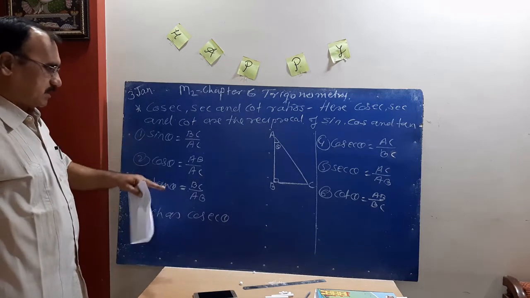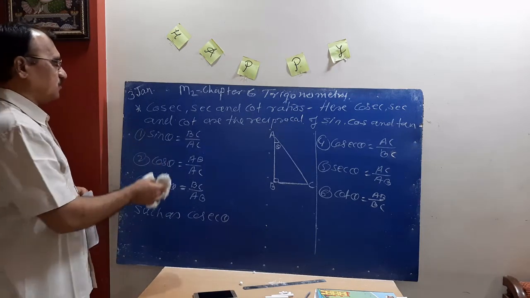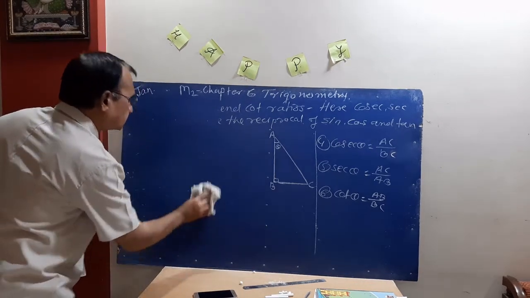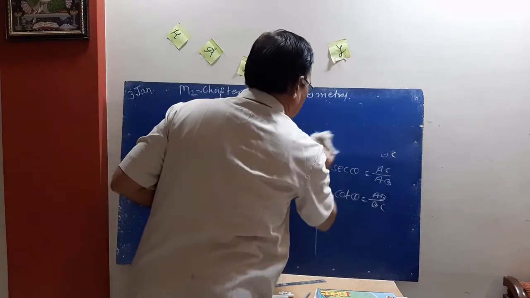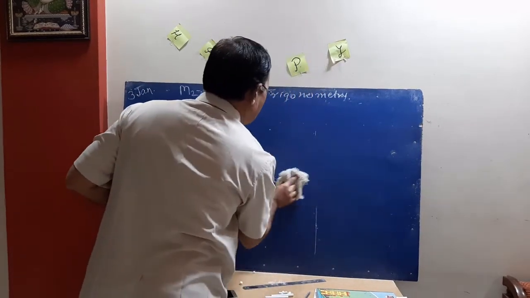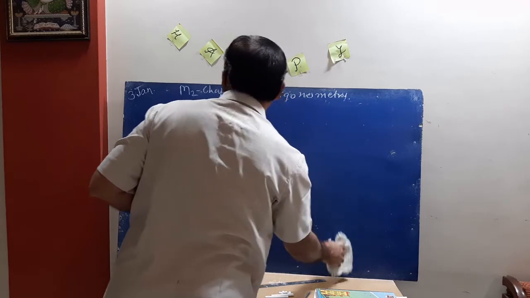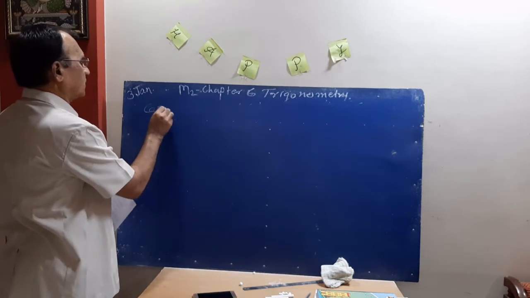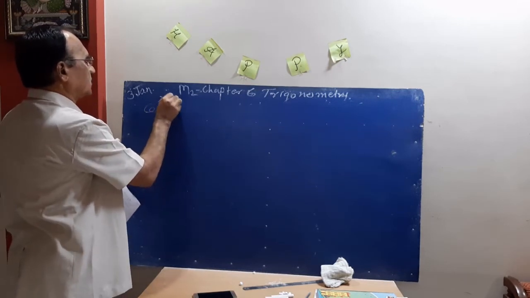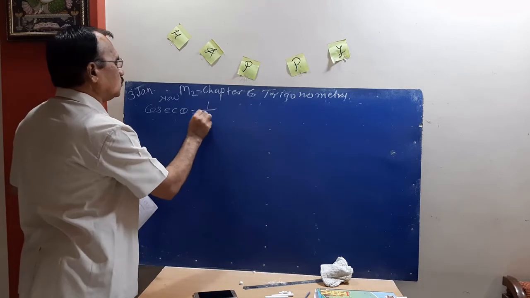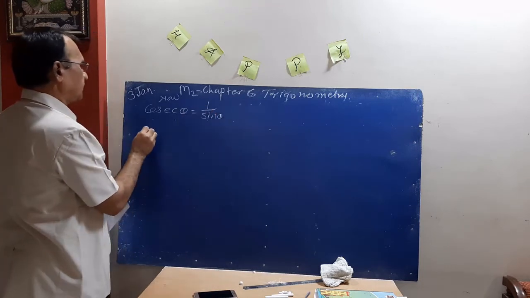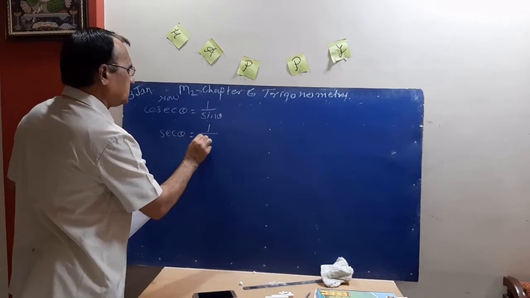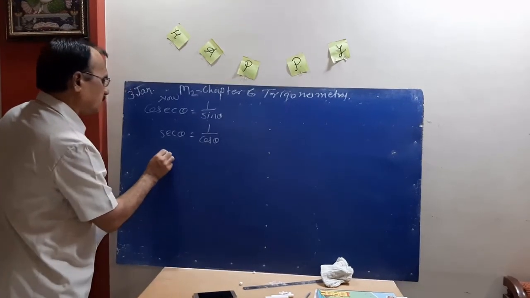We are going to see the relation between sin and cosec, meaning how these are reciprocals of each other. Cosec theta is equal to 1 upon sin theta. Then sec theta is equal to 1 upon cos theta.